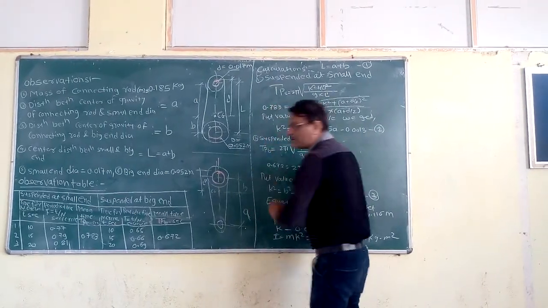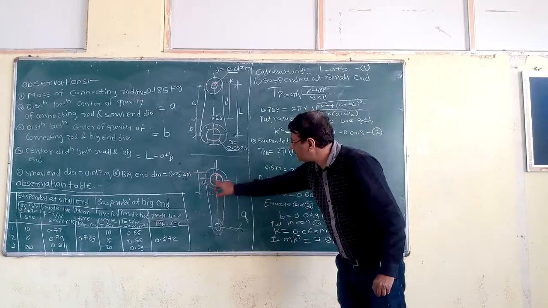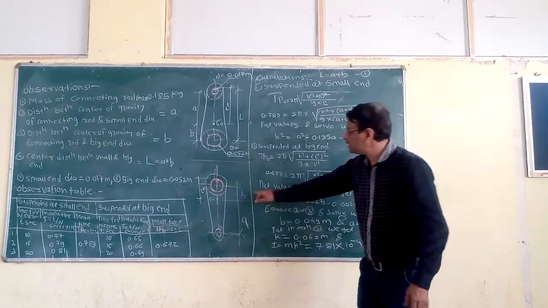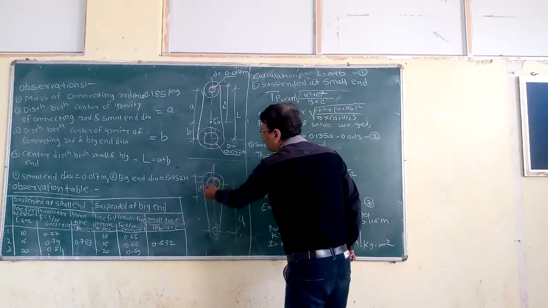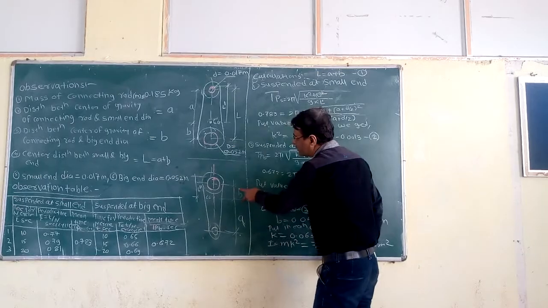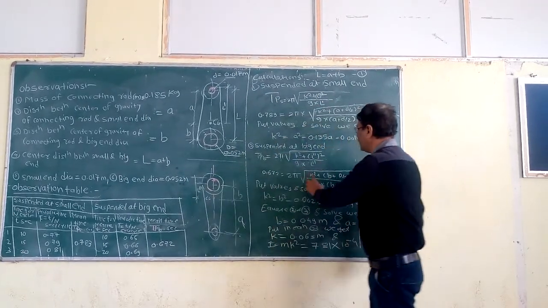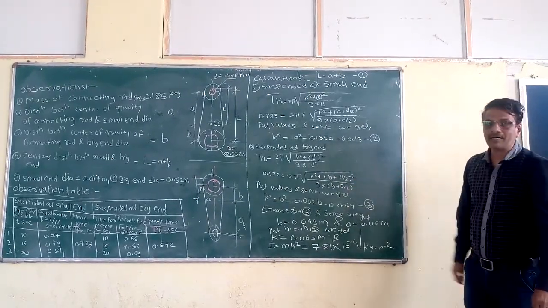So this distance is b. This is the distance between the CG and the center of the big end diameter. But I am interested in finding the distance L double dash. It is b plus capital D by 2. So it is k square plus (b plus capital D by 2) whole square.